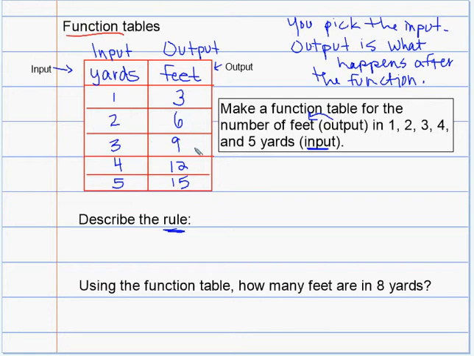That's what you might have done to get the next one, but it doesn't work, because if I said 5 yards and you said add 3, that'd be 8, and that's not right. So most of the time your rule will be multiplication or division. So think multiplication and division first.